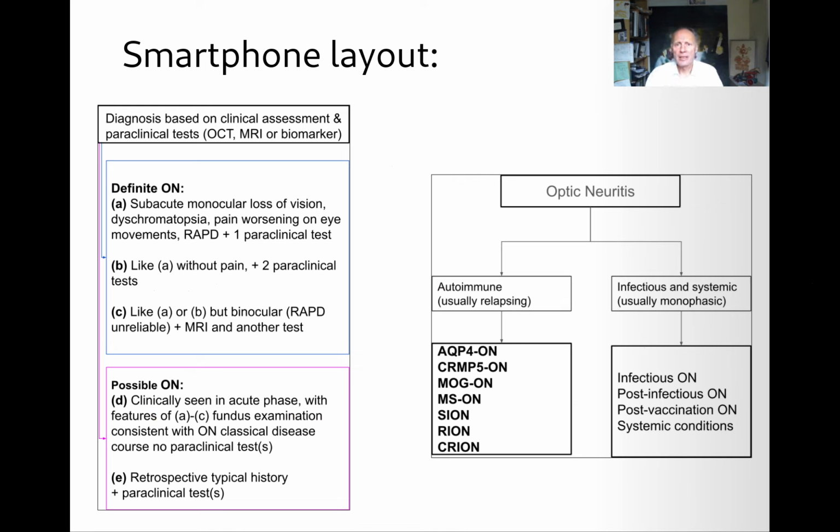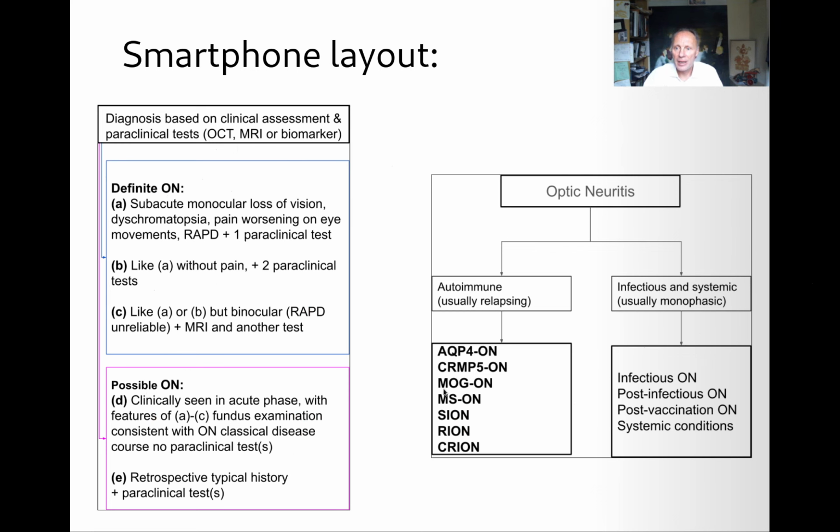So it's not like it is in the Lancet paper, but it will be easier for you to see. So these are the diagnostic criteria into definite and possible optic neuritis. And I spelled out here once more the 3 tests on which we are focused, and they come back later in the survey. And this will be the flowchart you see for the optic neuritis cases on your smartphone.